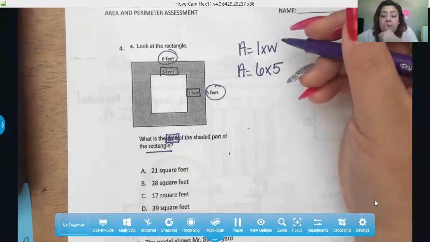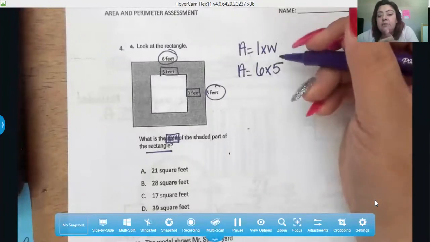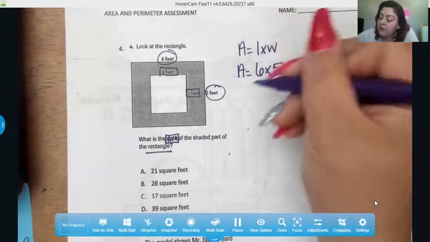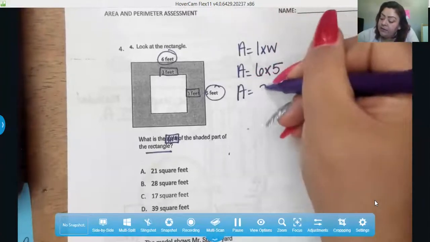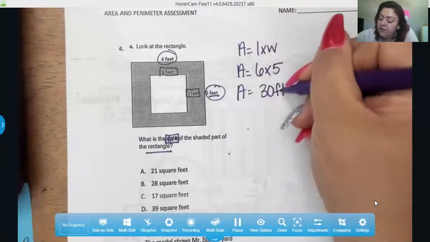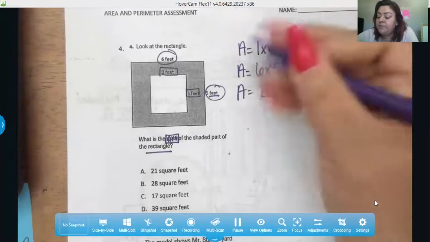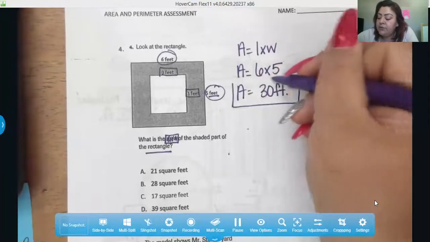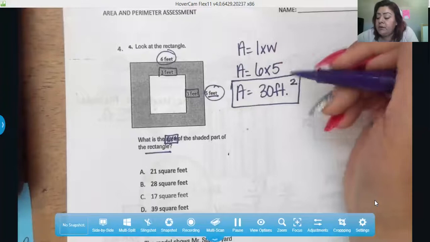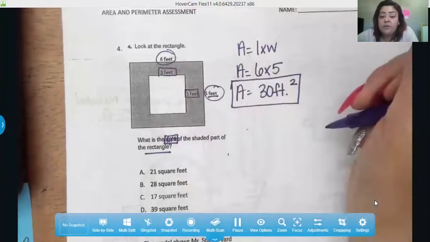Then I've drawn my picture. Well, they drew it for me, really. I wrote my formula, I plugged in what I knew, and now I'm going to solve. Area equals 30, but again, I'm looking back at my measurement and it's 30 feet. And don't forget, for area, we have to remember that squared. Area equals 30 feet squared. So this whole shaded part is 30 feet squared.